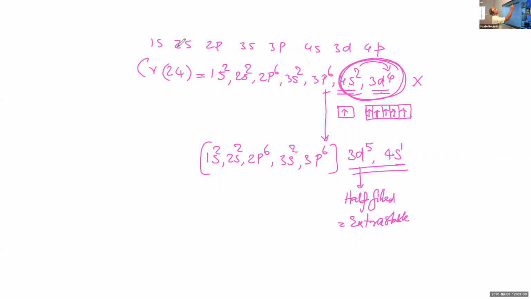Okay. Now let me take one more example, that is copper. Atomic number 29, copper.